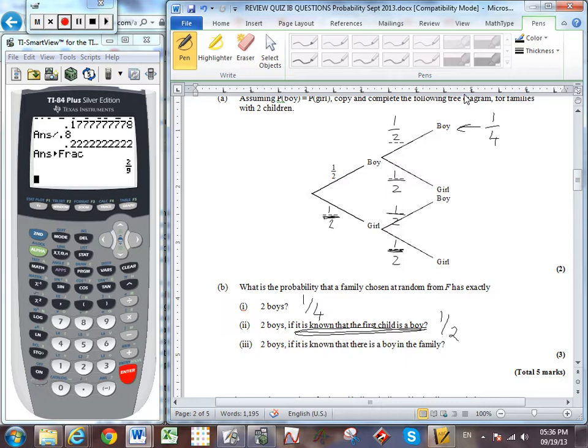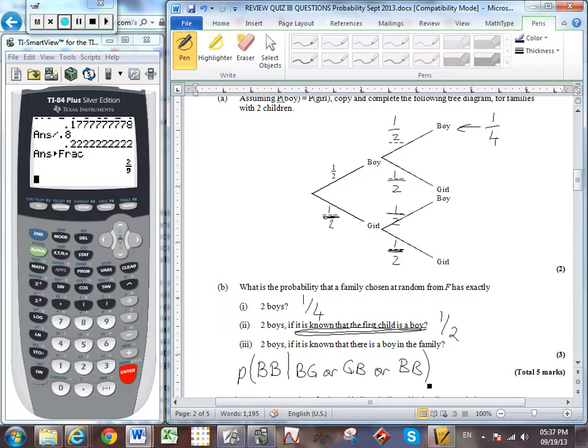And lastly, 2 boys, if it is known that there is a boy in the family. Wow, alright, I better write this one down. So this is the probability of getting boy-boy given that we have either a boy-girl or a girl-boy. Or, I suppose, boy-boy, right? I suppose there are 3 ways that we could have at least a boy in the family. Oh, wow.